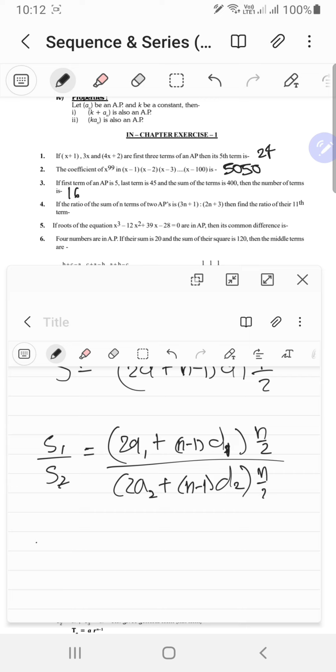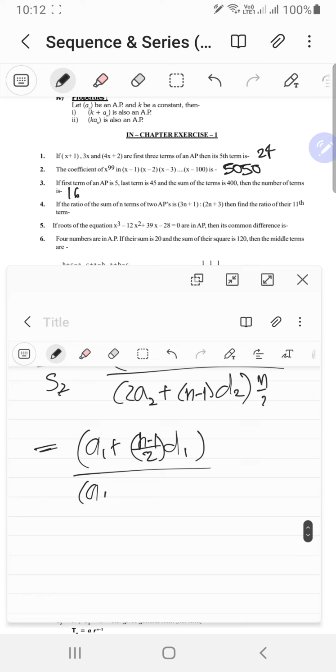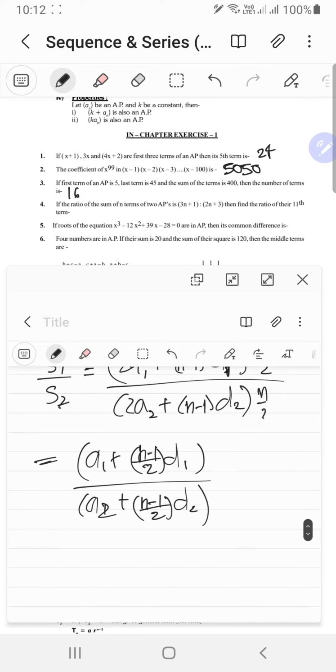So you can write this as (a1 plus (n minus 1) upon 2 into d1) upon (a2 plus (n minus 1) upon 2 d2). And this is 3n plus 1 upon 2n plus 3, right?